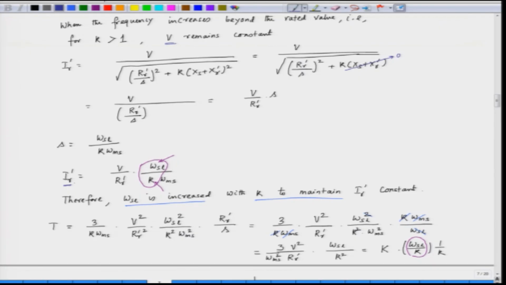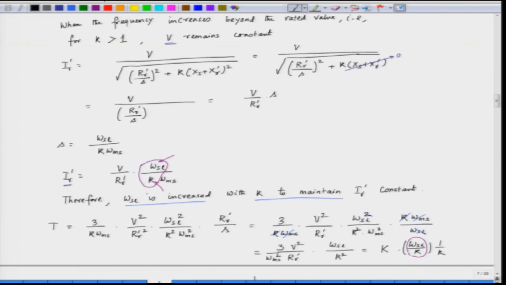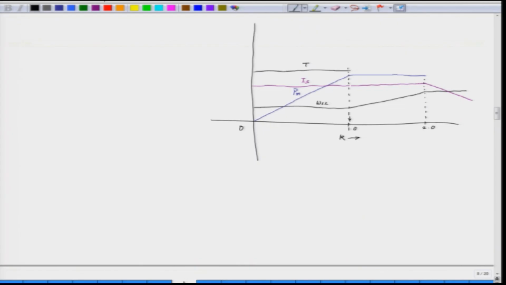So, V and I remain constant and hence the power remains constant. The torque decreases, because if you increase the value of k, torque will decrease beyond the rated frequency, and after 2 per unit, the power will decrease, torque will decrease further with k square, and the current will also decrease.